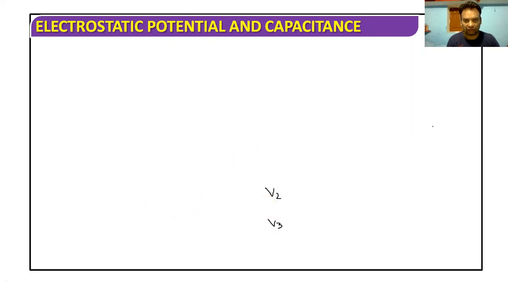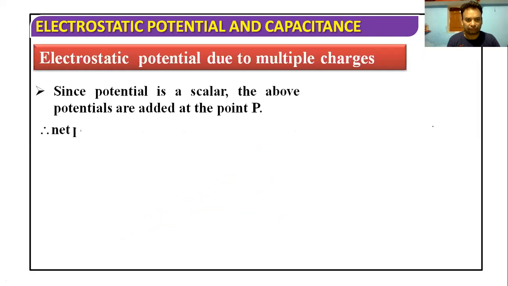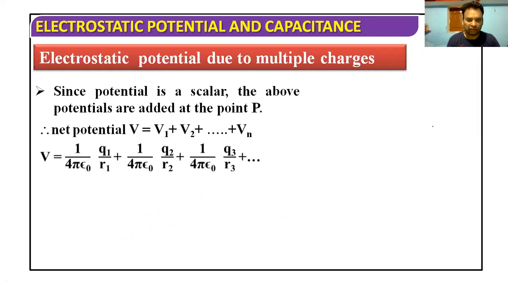Before that, again, let me show all my writing with the help of the PPT. We know that potential is a scalar quantity. If we want to find the overall potential at any point P due to n number of charges, then we find the potential of each individual charge, V1, V2, V3.